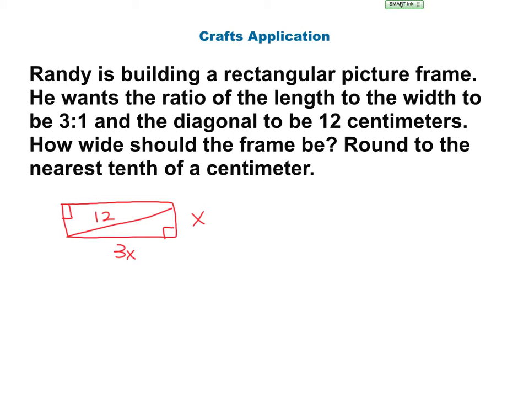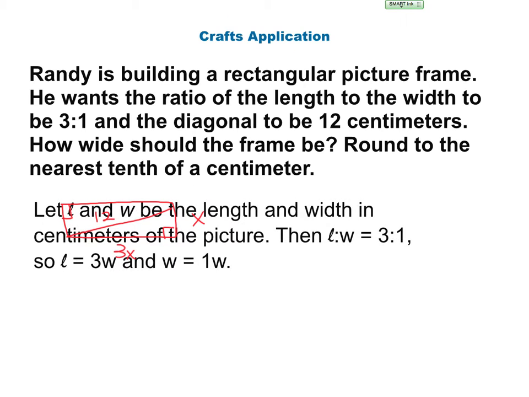Are you putting parentheses around your 3x? You have to square the whole 3x. What is 3x when you square it? 3x times 3x would be 9x squared.